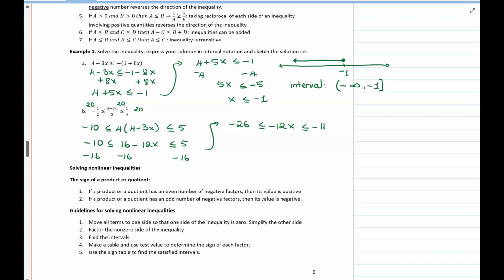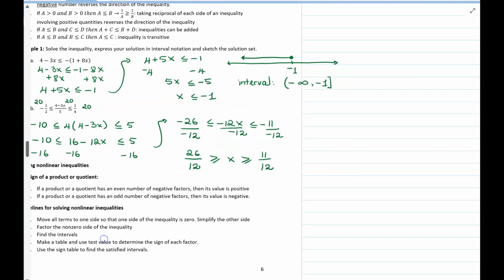Here we divide by negative 12 to all of them. And when we divide by a negative number, the sign of the inequality changes. And let's simplify the fraction.